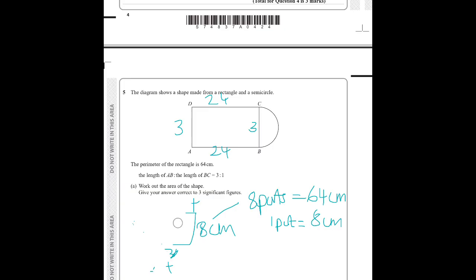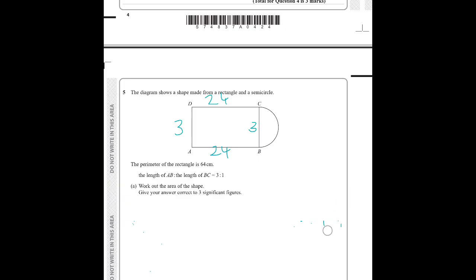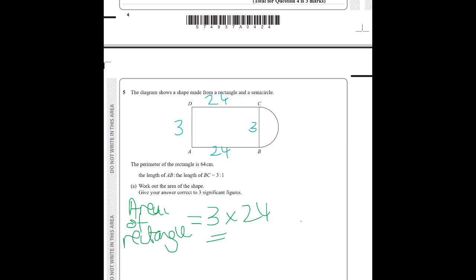It wants the area of the shape. Okay, so look, the good news is the area of the rectangle should be at this point quite straightforward. The area of the rectangle is just width times length. So it's 3 times 24, which, using my calculator, is 72 centimeters squared.